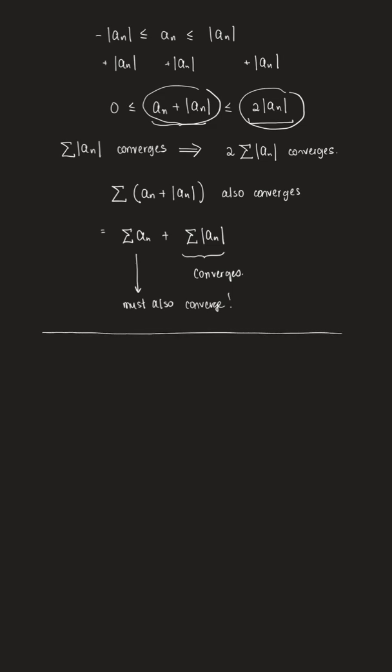Let me show you some examples. Let's suppose we're dealing with an alternating series that looks like this: negative 1 to the n plus 1 times 1 over n squared. Here the terms alternate, positive and negative. You can list out some terms if it's easier to see.